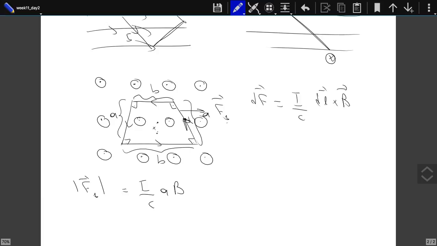Let me call this point my X, Y, and Z point. This is X, this is Y, and Z is in your direction. So basically, the B that should appear over there is the B at the point X plus delta X, Y and Z, some average Y value.